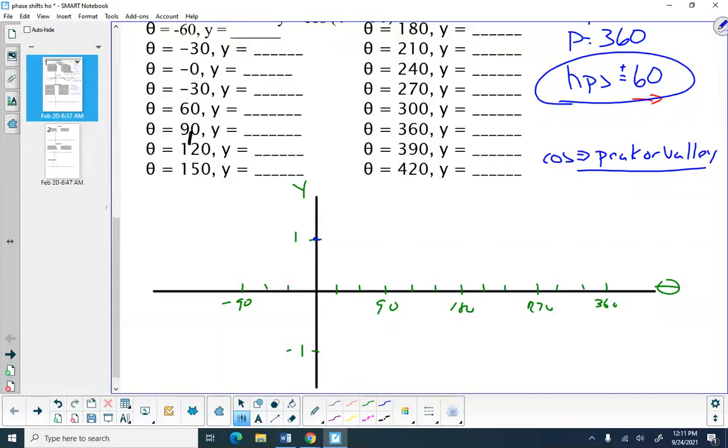But since we have a horizontal phase shift of 60 degrees, that means I need to move this point to the right to 60 degrees. So my peak now slides all the way to the right at 60 degrees. And I'm probably going to need a little bit more space down here, because I'm going to have to go out to 450.